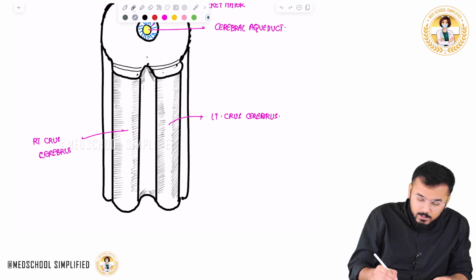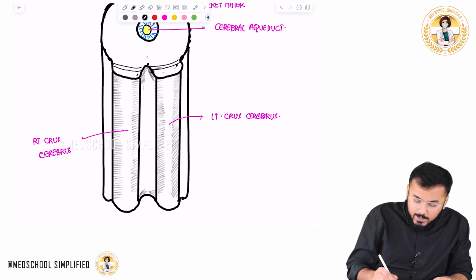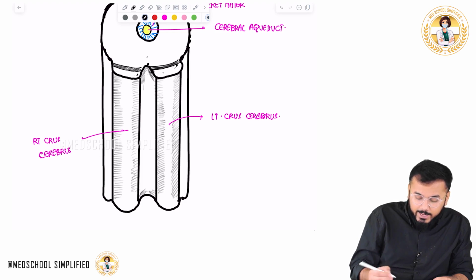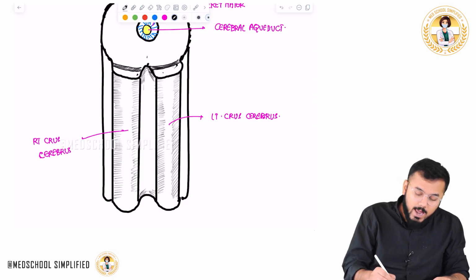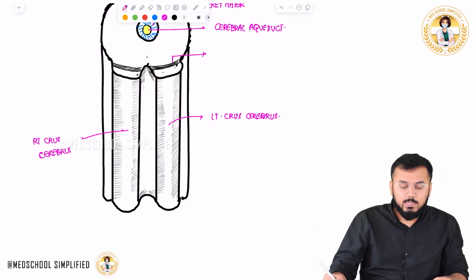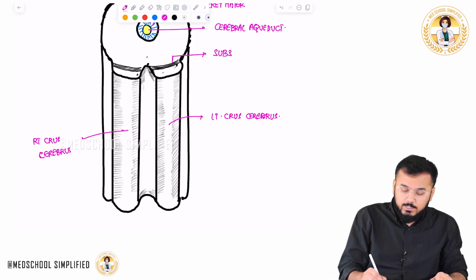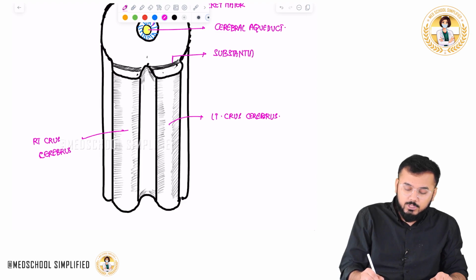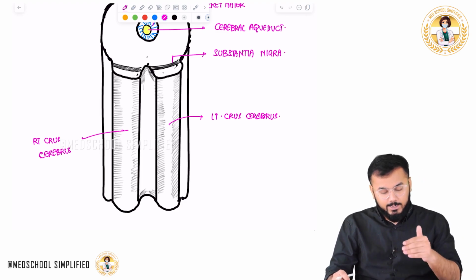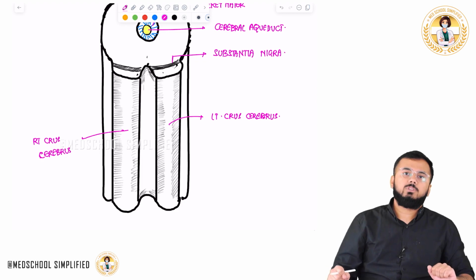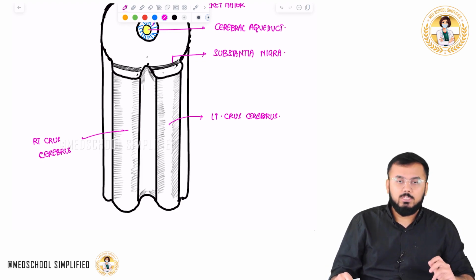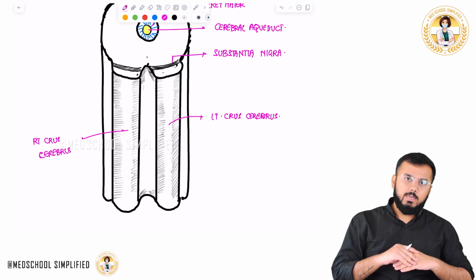This black color substance I have drawn is called your substantia nigra. What is this substantia nigra? Substantia nigra is located near the right and left crus cerebri. Nigra means black, substantia means substance; black substance is called substantia nigra, right?